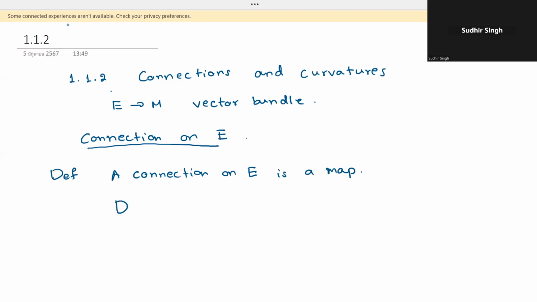I would use capital D for it. It is a map that maps a section of E to a section of this product bundle, the cotangent bundle of M tensor with E.